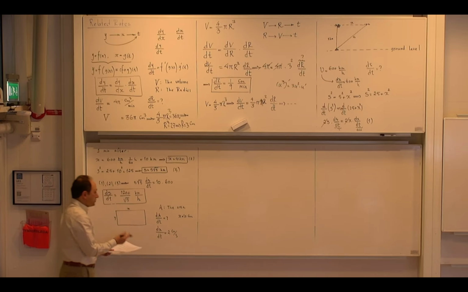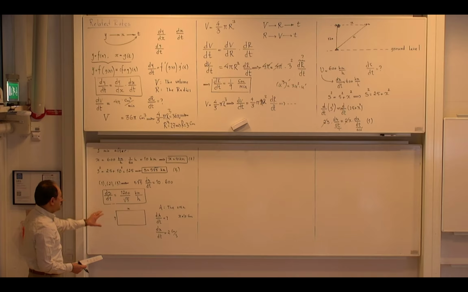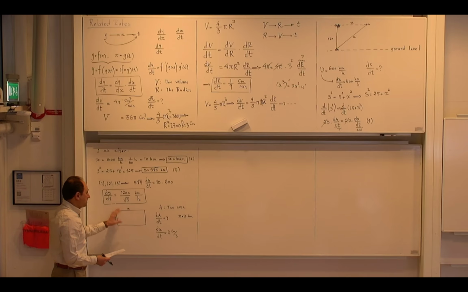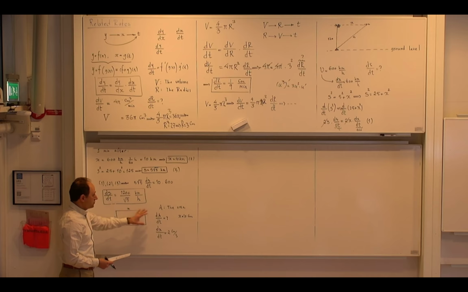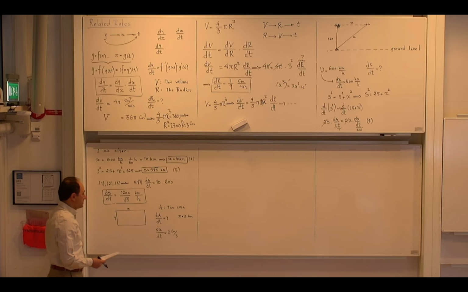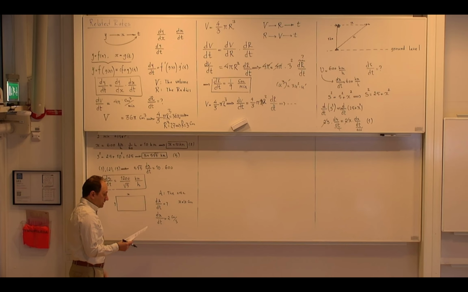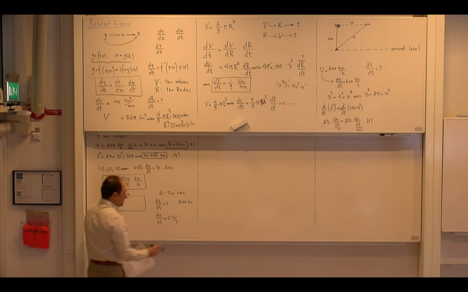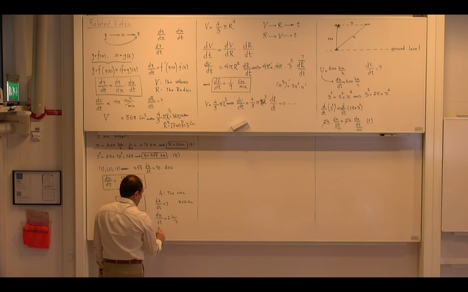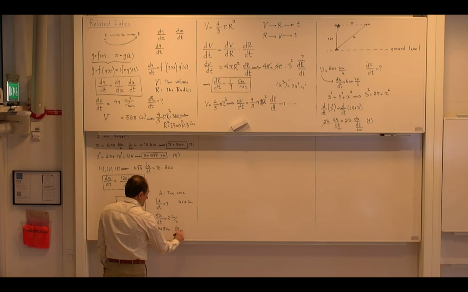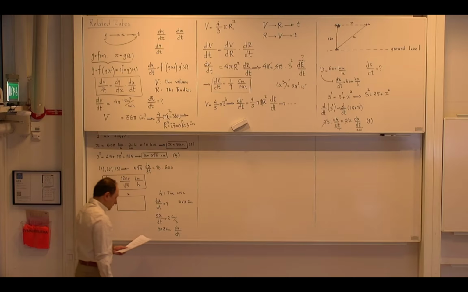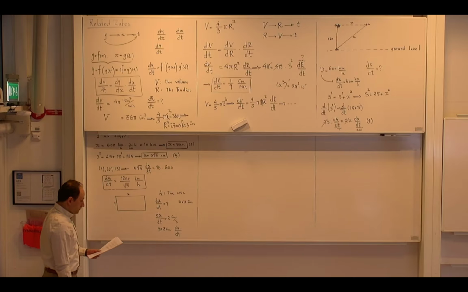I'm just reading the question, drawing some picture for myself to understand it better, and writing down all the quantities in mathematical symbols. And then the other side is 8 centimeters, and it is decreasing at the rate of 3 centimeters per second.